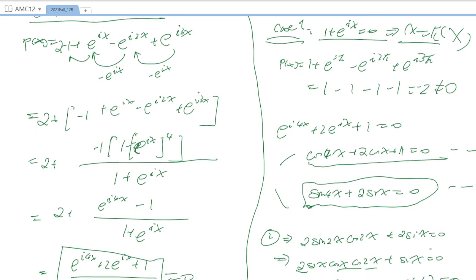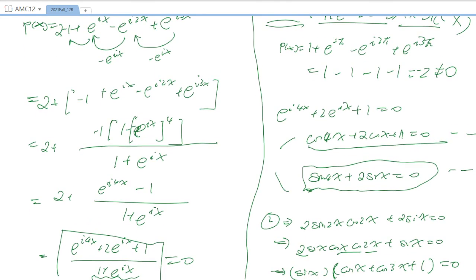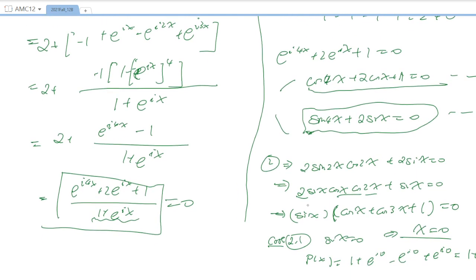If x equals 0, then P(x) equals 1 plus e^(i0) minus e^(i0) plus e^(i0), which is 1 plus 1 equals 2, not 0, so it doesn't work. So the other possibility is cosine x plus cosine 3x plus 1 equals 0.